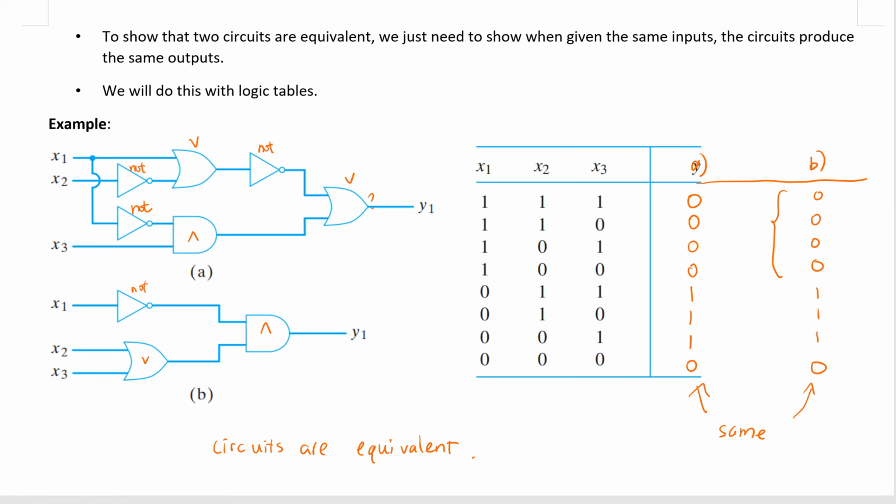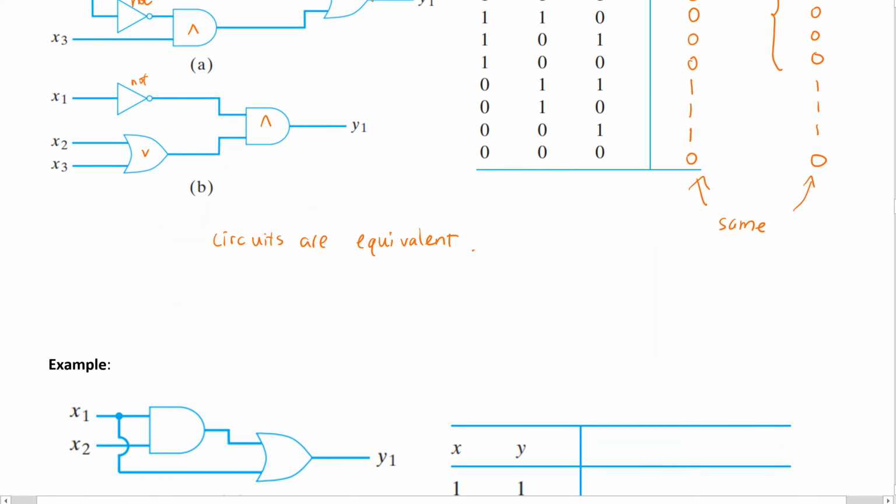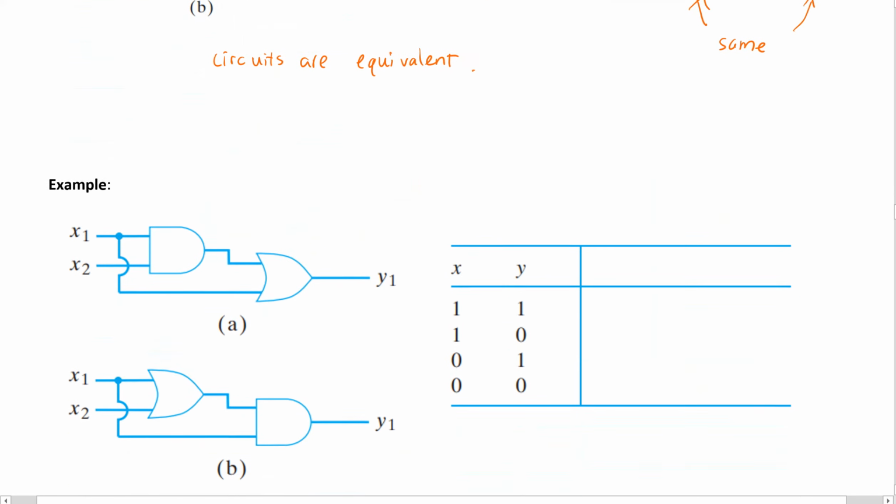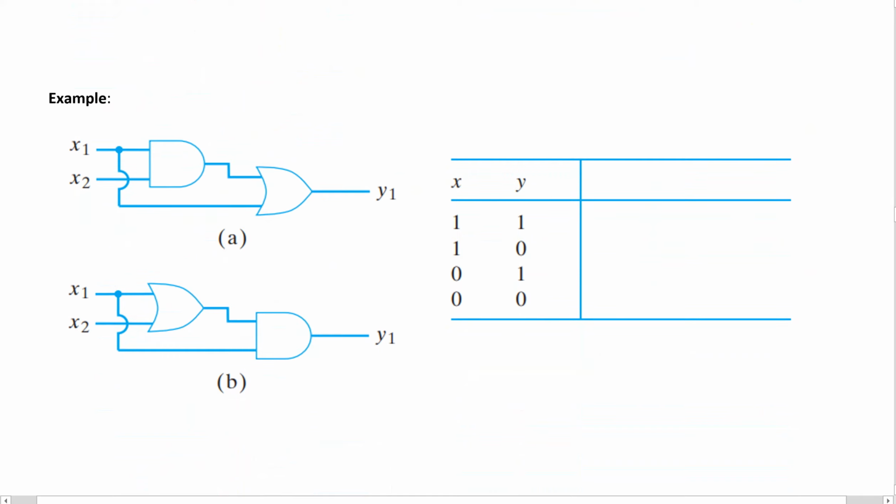Alright, let's continue. So right now you can pause the video and try to work on this problem. Have you done? Yes. Let's check. So let's see. This is and, this is or, this is or, this is and. So this guy, if 1 1, 1 and 1 is 1, 1 or 1 is 1. Right?